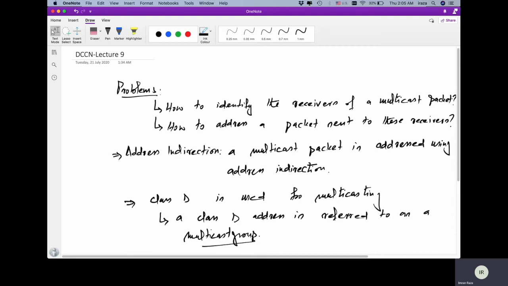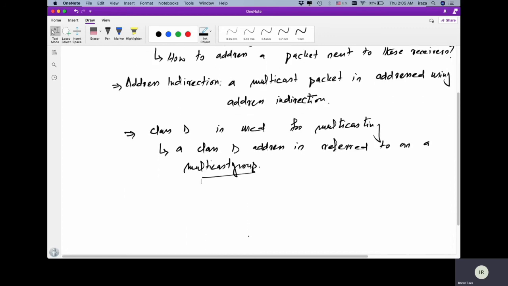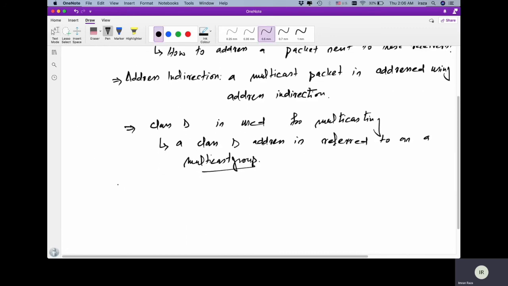And the answers to all of these questions require, in fact, a protocol that is known as Internet Group Management Protocol.